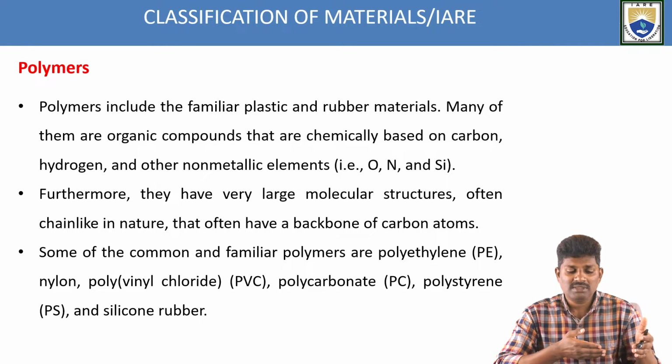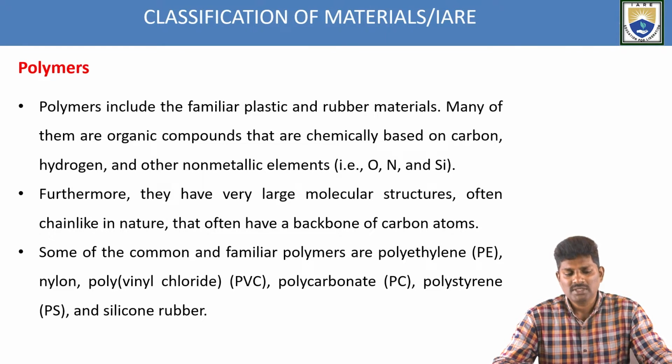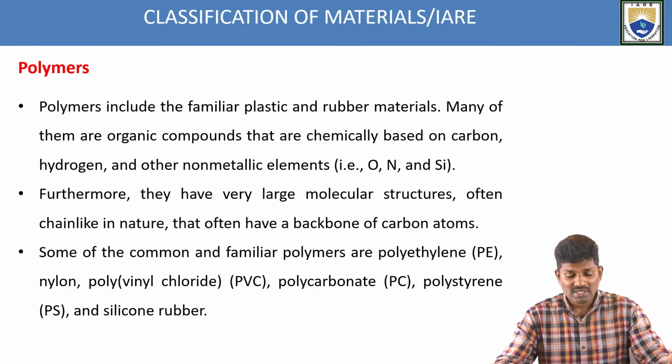If you see the polymers, they are completely different from metals and ceramics. So what is happening in the polymers? They include familiar plastic and rubber. Plastic and rubber type of things come under polymers. Many of them are organic compounds that are chemically based on carbon, hydrogen and other non-metallic elements. Further, they have a large molecular structure.